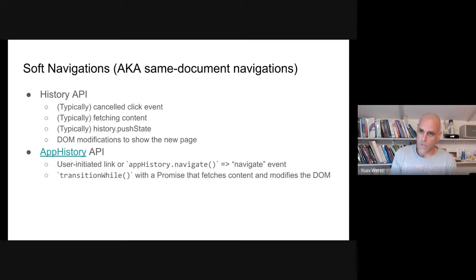With the history API, the way that they typically work is a user clicks on something, that click event is typically canceled, typically results in fetching of content. At some point, a push state may happen to modify the URL that is presented to the user. And then DOM modifications happen to show the user the new page that presents that content.